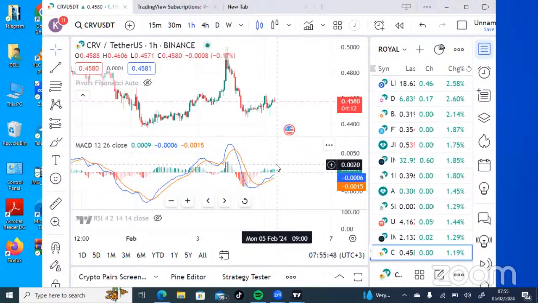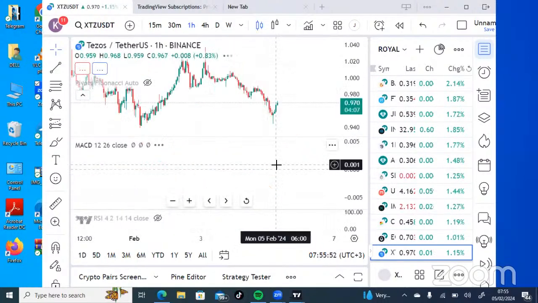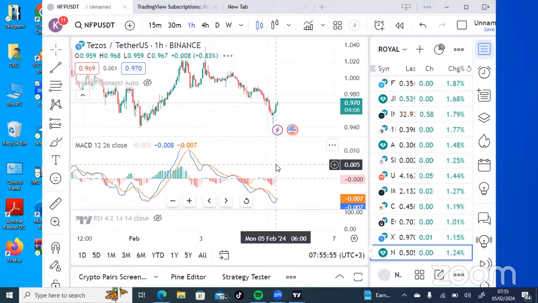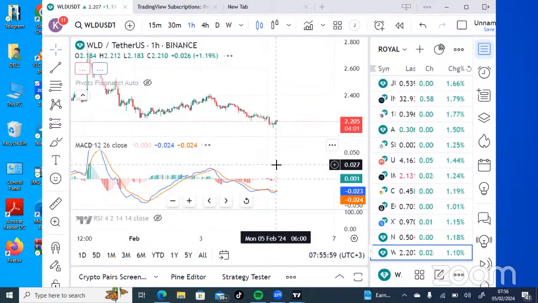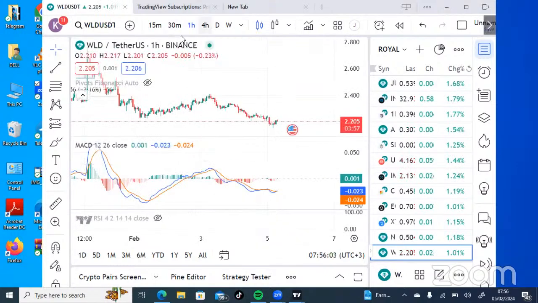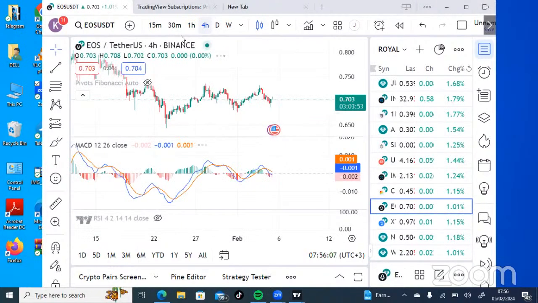These entries and exits are very, very important if someone is making a decision on which trade to look at.